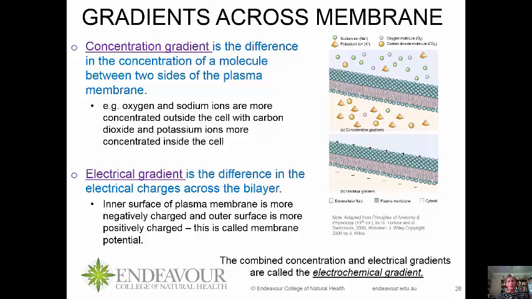Now, for substances to get across the cell membrane, we need to look at how they are transported. Now, we lightly touched on, in that last section, gradients. So when we're talking about gradients, we're talking about the particular concentration, be it a concentration gradient, and the particular charges, if it's an electrical gradient, on one side of the cell membrane to the other side.